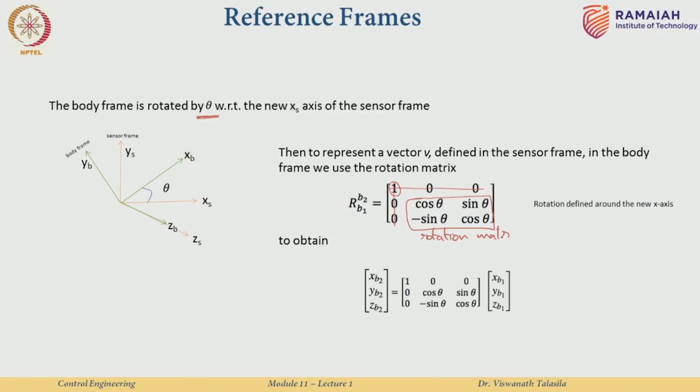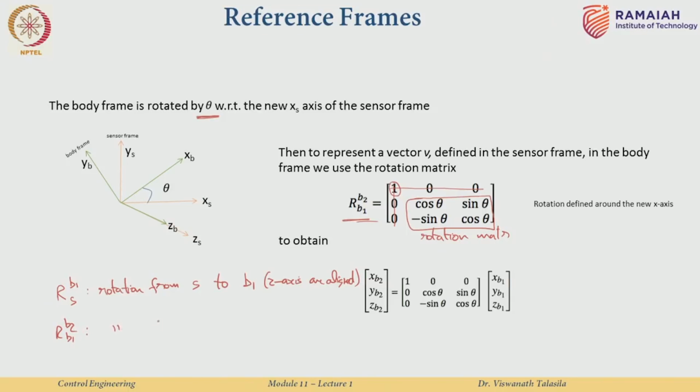In the previous example we had this rotation matrix with the notation RSB1, which means it is a rotation or a transformation from the sensor frame S to the body frame B1 where the z axes are aligned. In this slide we have RB1B2.